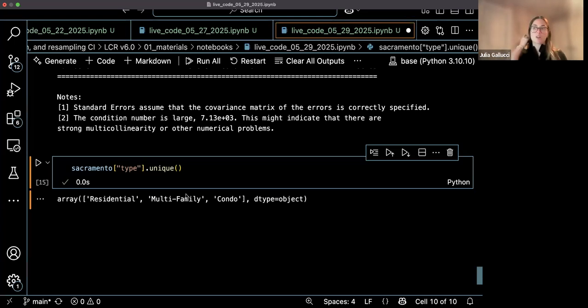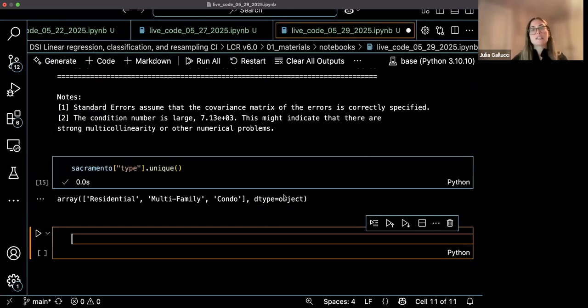To use this categorical variable in a linear regression, we need to convert it into a numeric format. So we need to do the one-hot encoding that we talked about last class. This method converts the categorical variable into a series of binary zeros and ones representing each category, and this ensures that the model can interpret the variables correctly. We're going to use pandas' get_dummies function, just as we've done before.